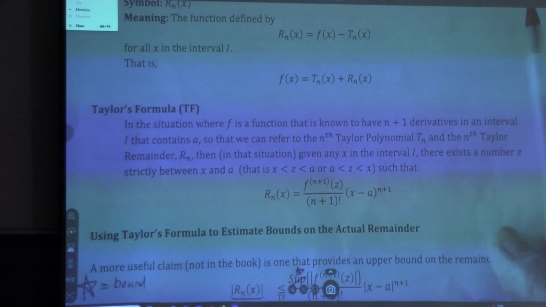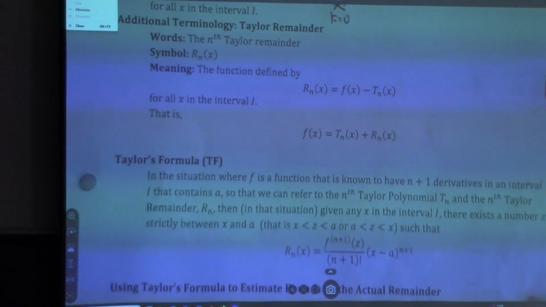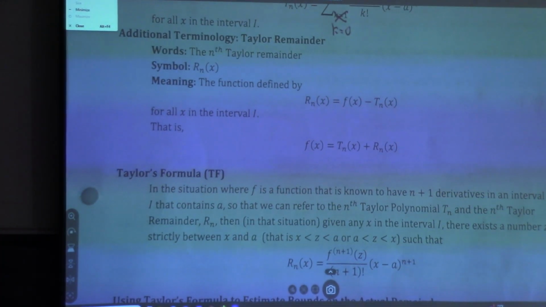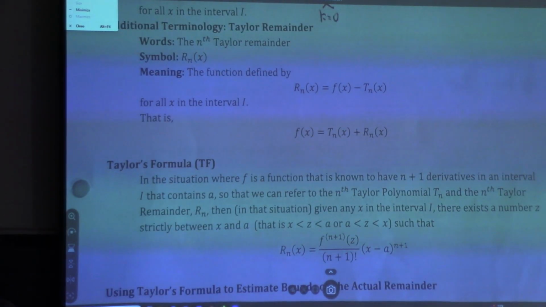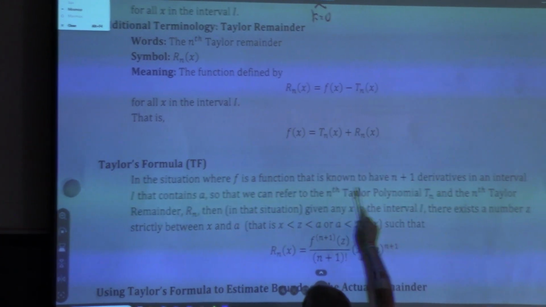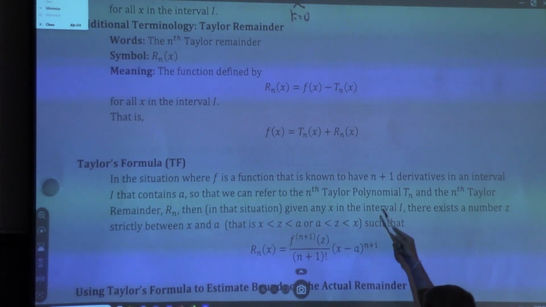Well, there's this puzzling formula called Taylor's formula, and it says this: if you have a function that's known to have derivatives up to n plus 1, and you build this nth Taylor polynomial, then you can talk about the remainder. Here's what the theorem says.